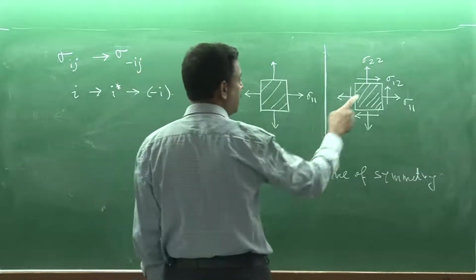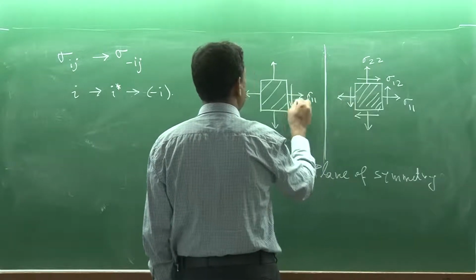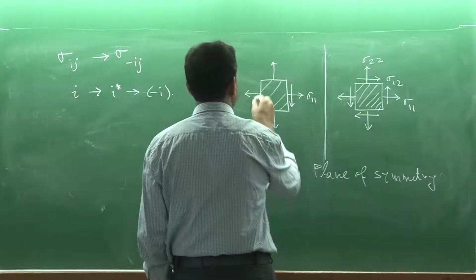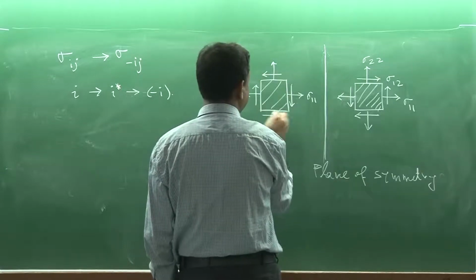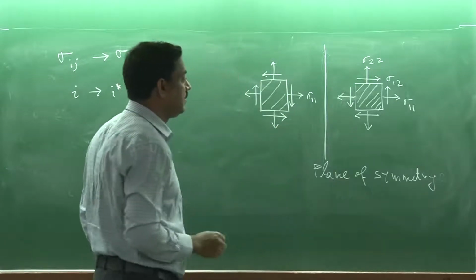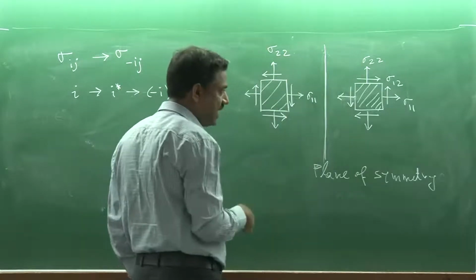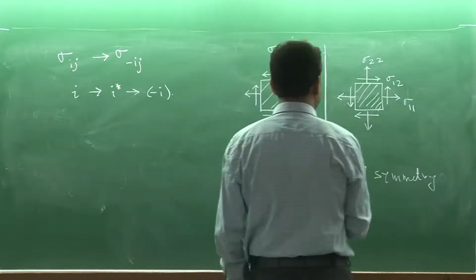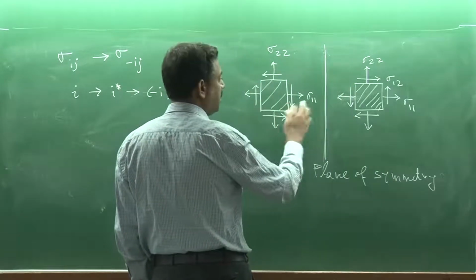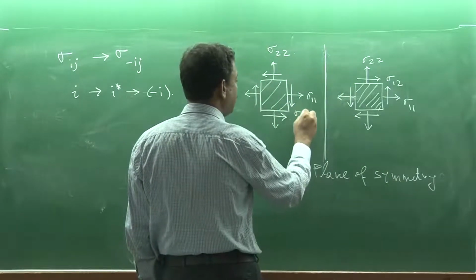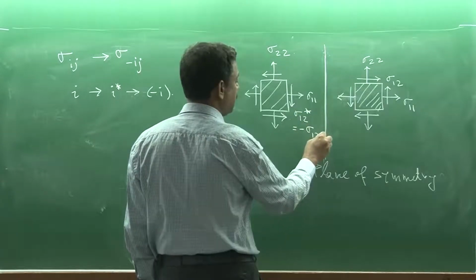The only change will be that, you see, sigma 11, sigma 22, on reflection with respect to this plane, then you see this sigma 12 becomes what? Sigma 12 star is nothing but minus sigma 12.